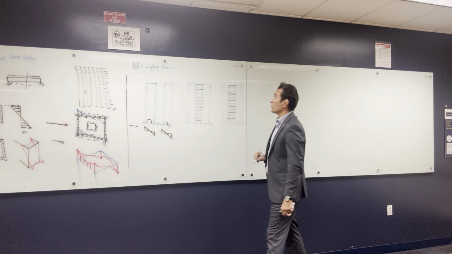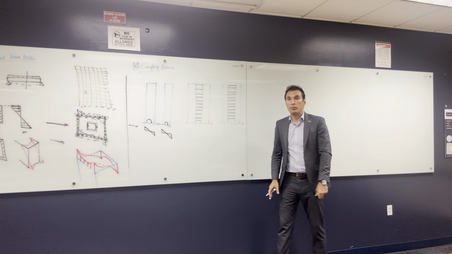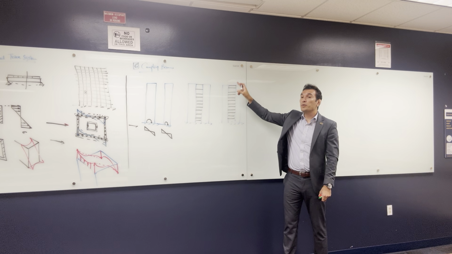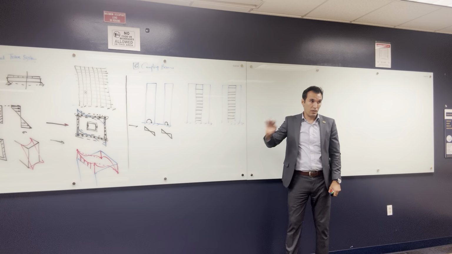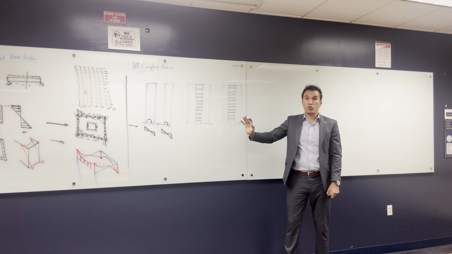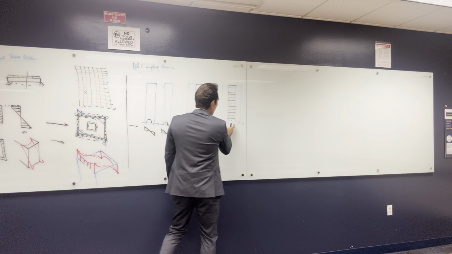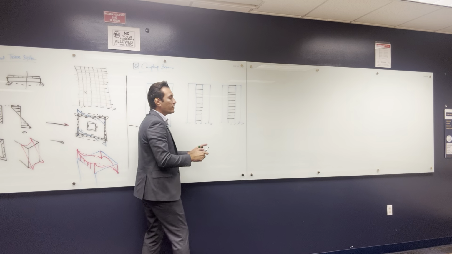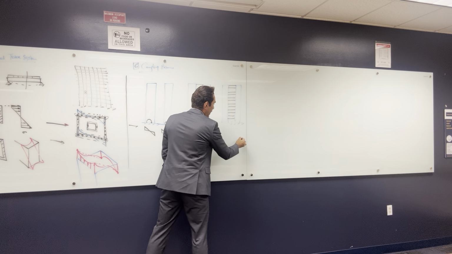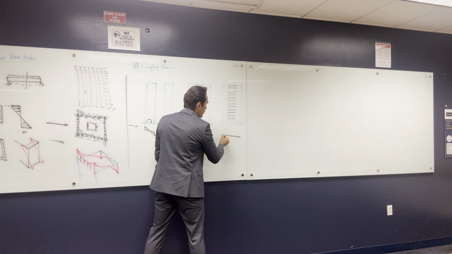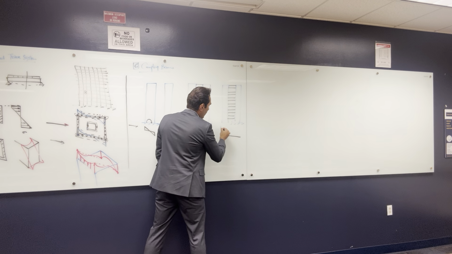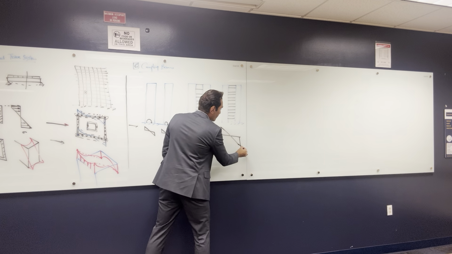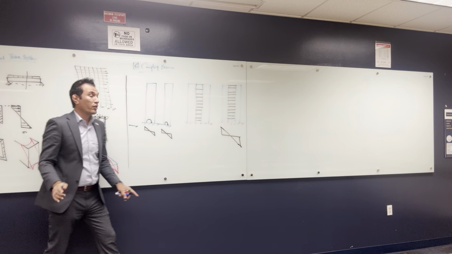If the stiffness of this beam is, let's say, infinity, that means it's a very, very strong beam. These two walls are going to act like one single, very strong shear wall, and the stress strain on this shear wall is going to be something like this, as one big stress strain curve.